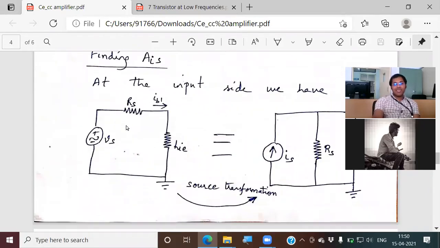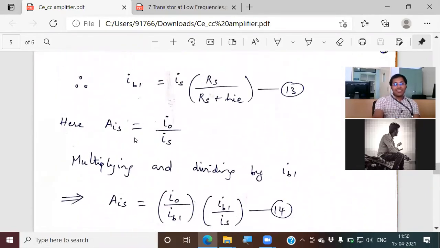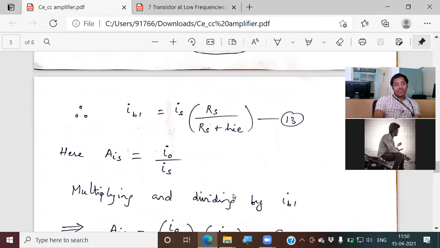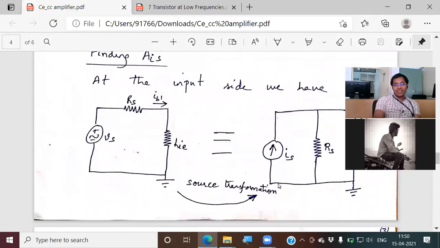See, I naught by IB1 is AI. So what we are actually doing here is splitting I naught by Is like this. We are multiplying and dividing by IB1 so that this is AI, which I already derived. I need not rederive it. And this one, IB1 by Is, I can see this.